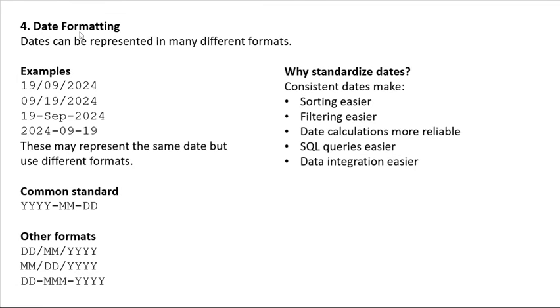And fourth is date formatting. A date can be represented in many different formats, like day, month and year, month, day and year, day and month initials with year, and year, month and date. These may represent the same data but in different formats.